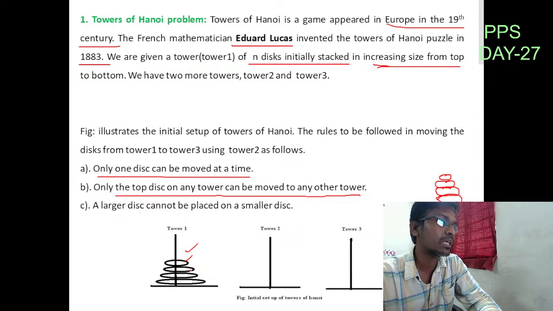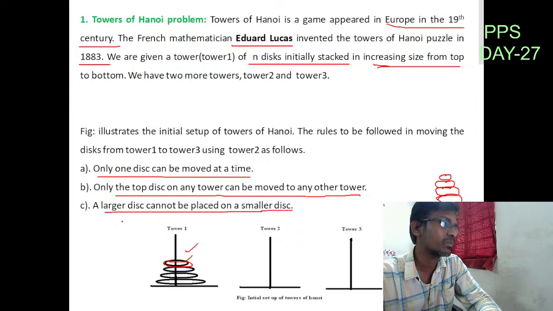So it is not possible to move the fourth disk or third disk from tower 1. We have to move only the top disk. After moving the top disk, then only you can move the second disk to tower 1, tower 2, tower 3 and so on. Next, a large disk cannot be placed on a smaller disk.